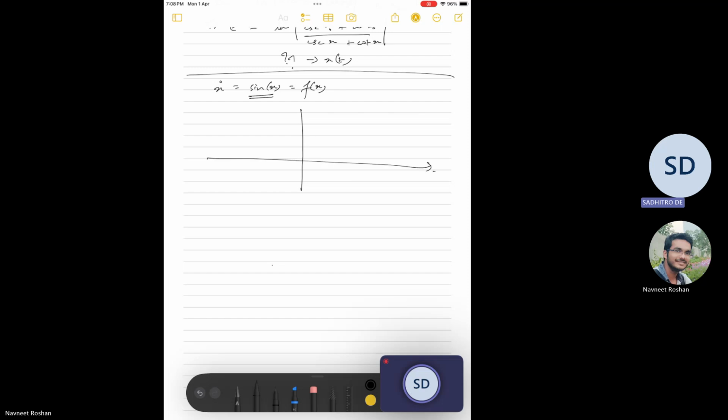Okay, so if we plot x in this direction and the velocity, which is f of x, equal to x dot along the y-axis, then it is simply a sine wave, right? Like this. So here I have pi, here I have 2 pi, 3 pi, 0, minus pi, minus 2 pi, and so on and so forth.